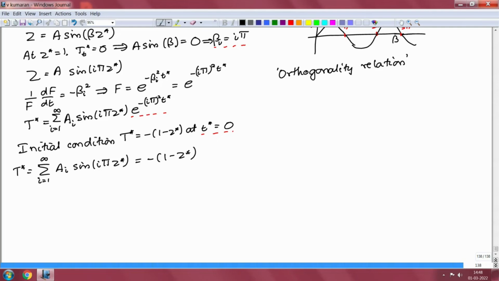The way that I solve this is to multiply the left and right sides by sine of j pi z star, where j is some other integer. On the left hand side, you can see what you will get. So, let me write the procedure here.